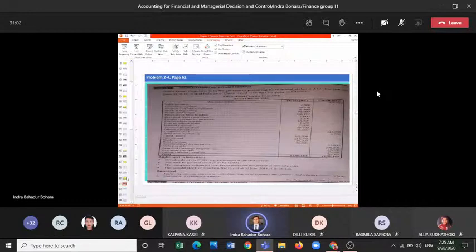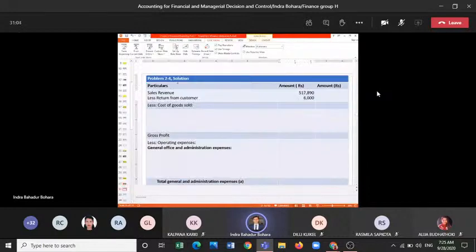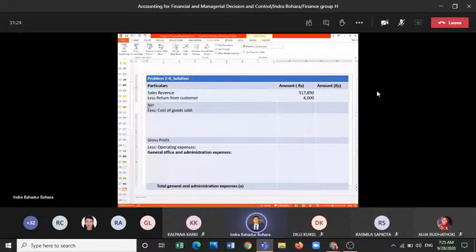Write down 6,000 and write down net amount in the next line, or directly you can write in the amount column. अथवा अर्को next line मा net sales भनेर देखाउनु भए पनि हुन्छ. For example, net sales, how much is the net sales? 5,11,890. In this way you can write net sales in the amount column or second amount column or total column.